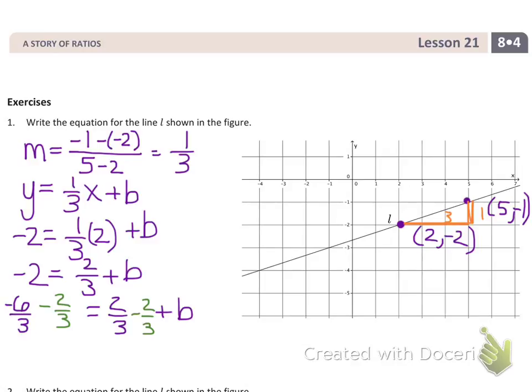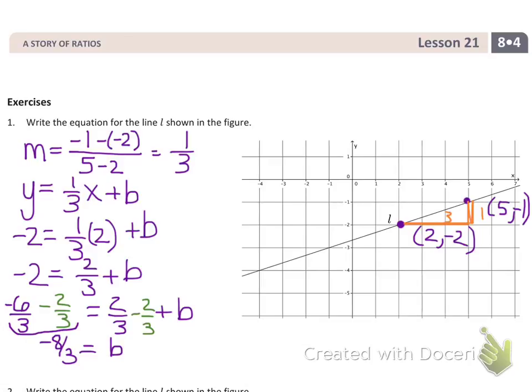So now I can combine these two fractions. I've got negative 6 minus 2 over 3, so that's negative 8 thirds, and that's equal to b, because 2 thirds minus 2 thirds is 0. So I got negative 8 thirds is equal to b.